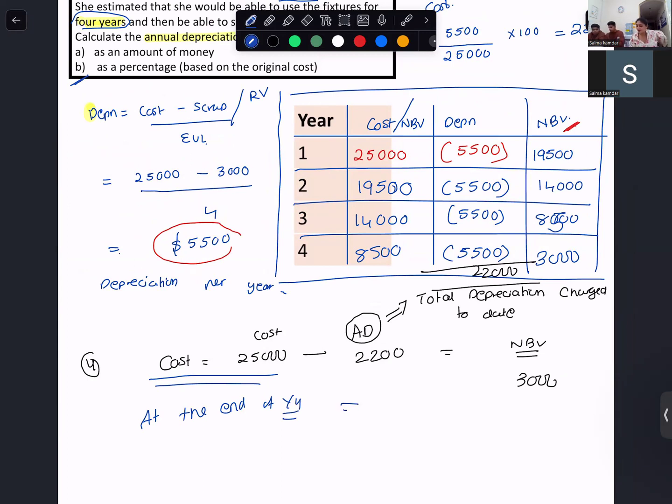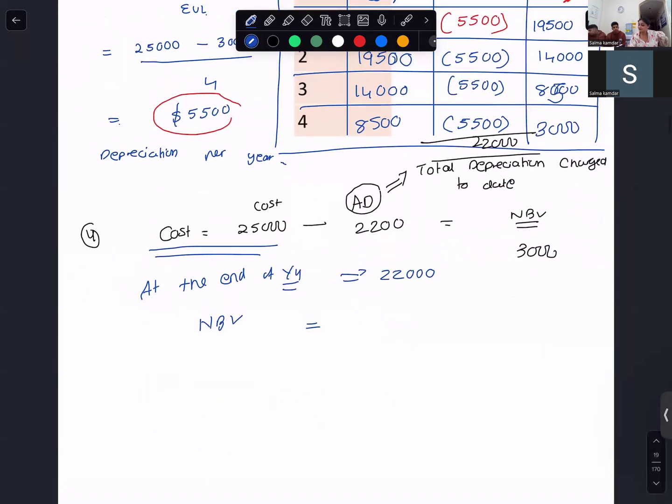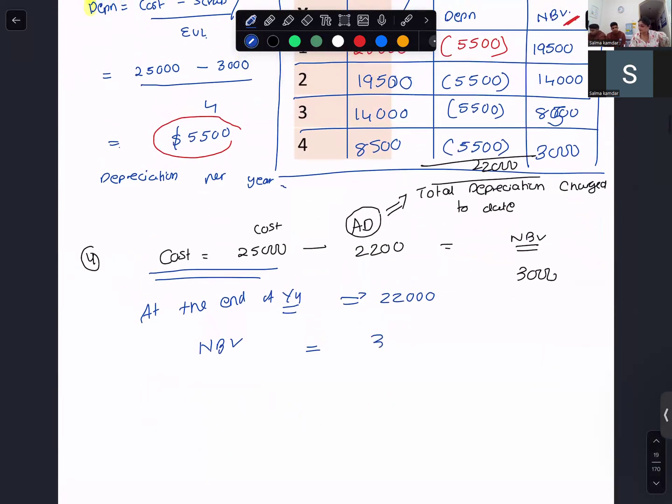At the end of year 4, the total depreciation that has been charged on this asset is 22,000. The net book value of the asset is 3,000.